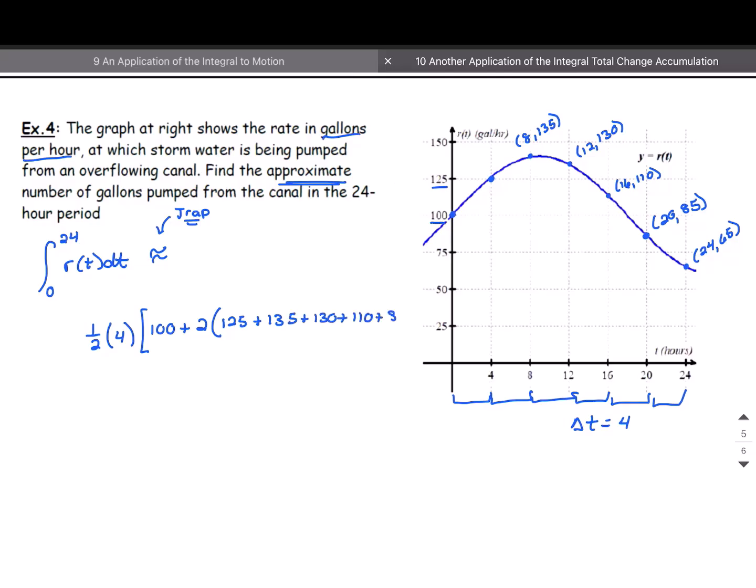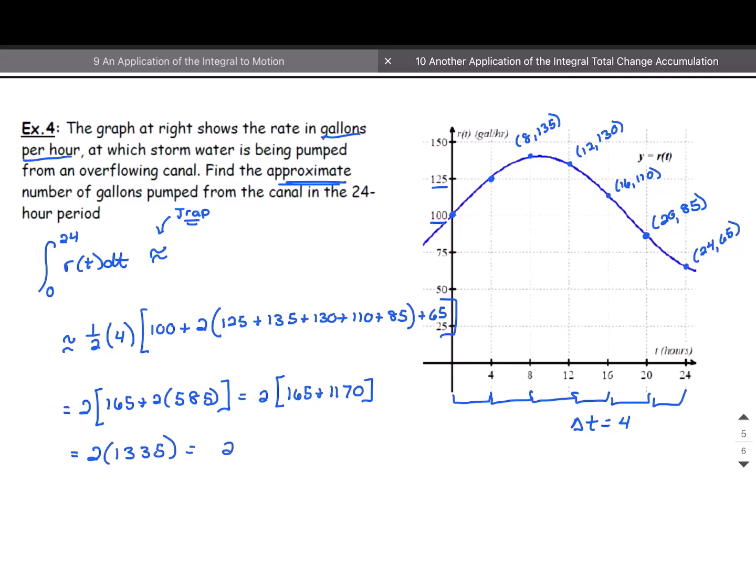We're taking all these heights, plus 85, but then I'm going to close it before the last height, because the last height does not get doubled, just like the first one. So now half of 4 is 2 times 165 plus 2 times 125, 135, 130, 110. That's going to be 585, which is 2 times 165 plus 1170, which is 2 times 1335, or 2,670 gallons.